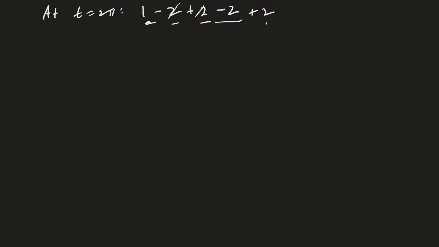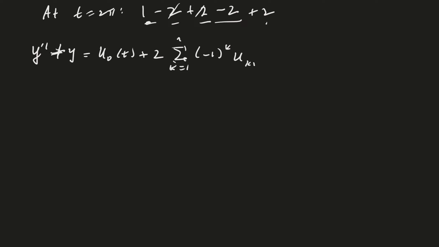Let me rewrite it down here. Equals, getting sloppy here, plus 2 times the sum, k equals 1 to n, minus 1 to the k, u sub k pi. Good. Okay, so now with 0 initial conditions, we just get s squared plus 1, which is the, you might notice, what equation is that called?